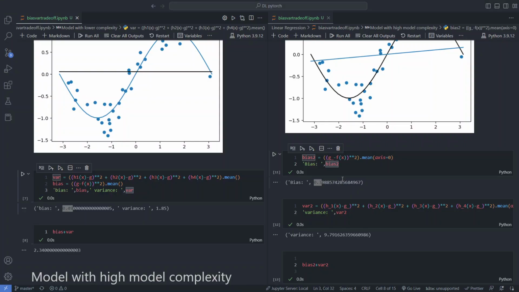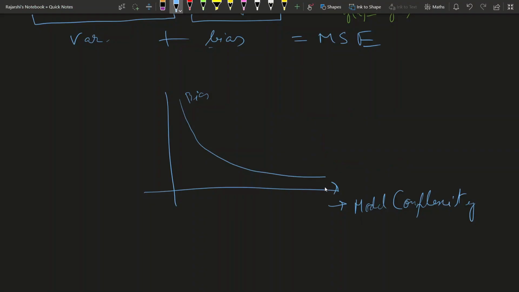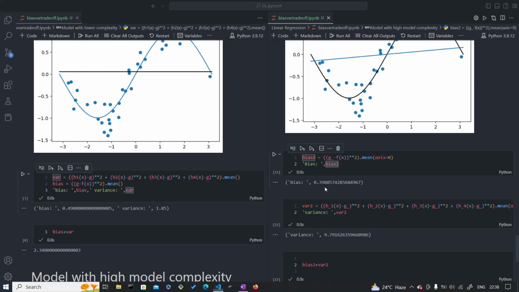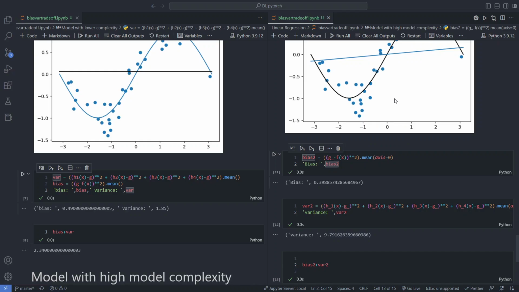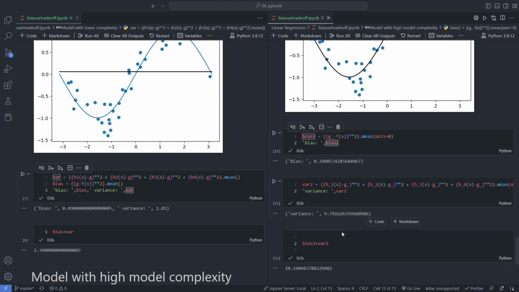As you can see here, bias was 0.49. Here it has gone down to 0.39. And the variance increases. So this is the variance. So if you increase the model complexity, then the bias will decrease and the variance will increase. Now, isn't that so?